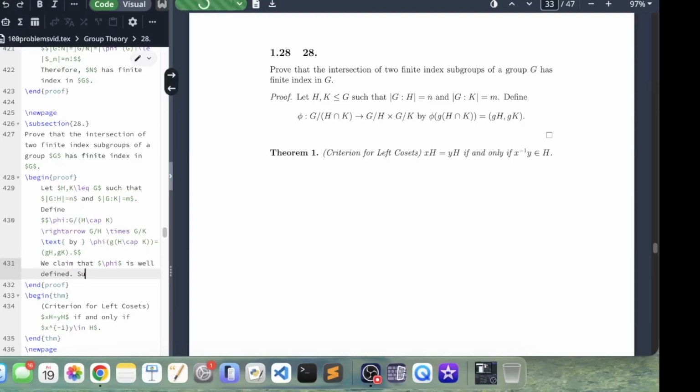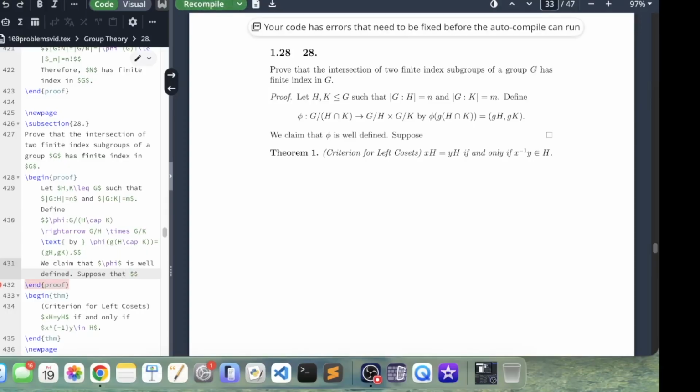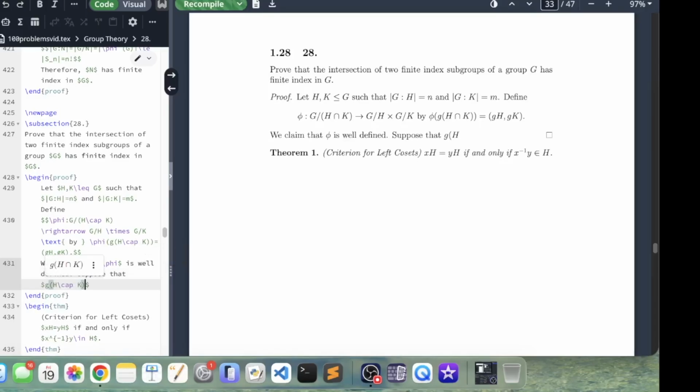well-defined. To show something is well-defined, we suppose that a left coset of H intersect K, G times it, is equal to G prime times it.